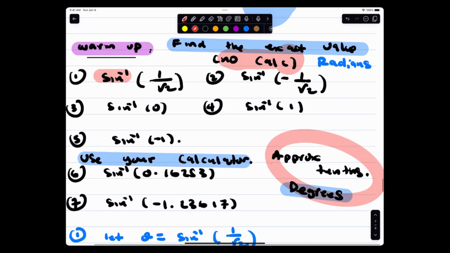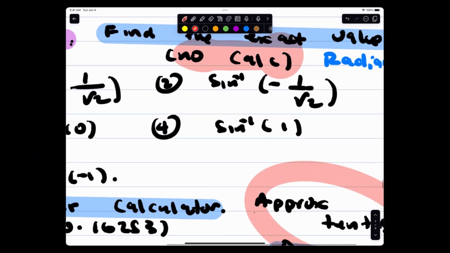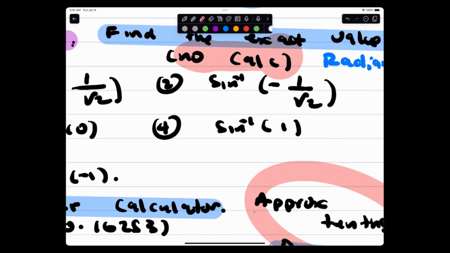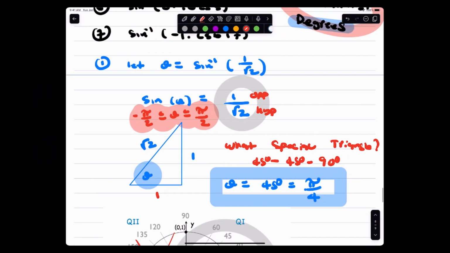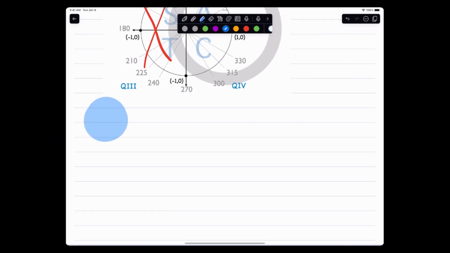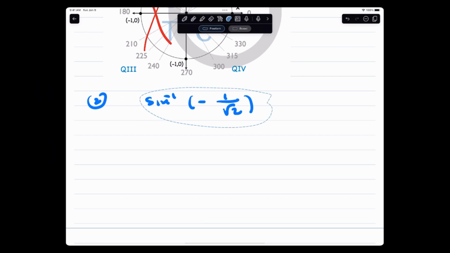Now, look at question 2. You say, how does question 2 relate to question 1? They want inverse sine of negative what? 1 over square root of 2. Okay? So we're going to approach it the same way here.